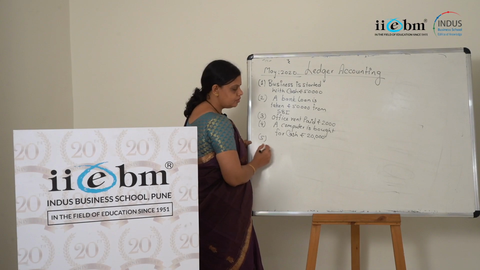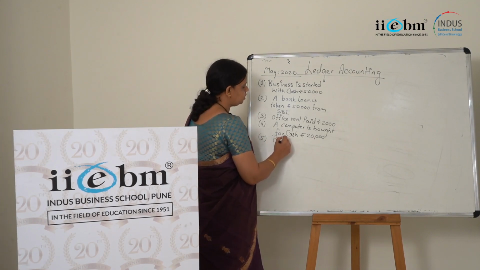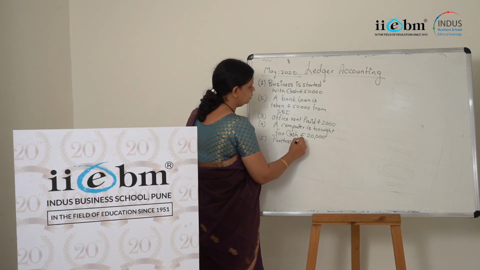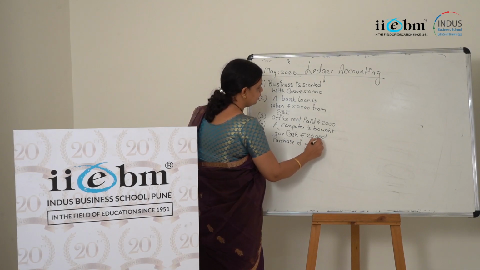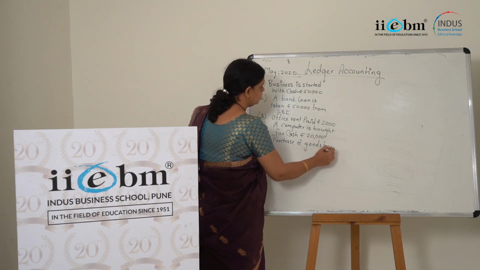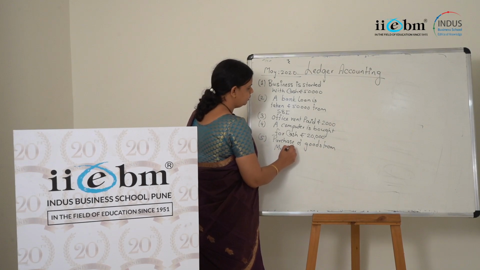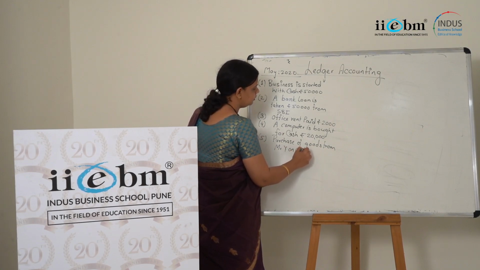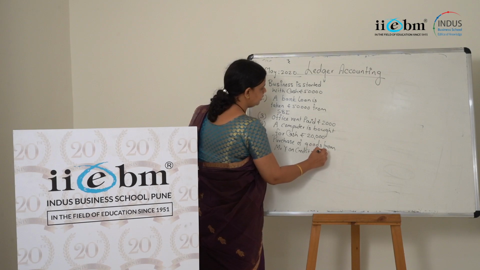Transaction number 5: purchase of goods from Mr. Y on credit, rupees 10,000.